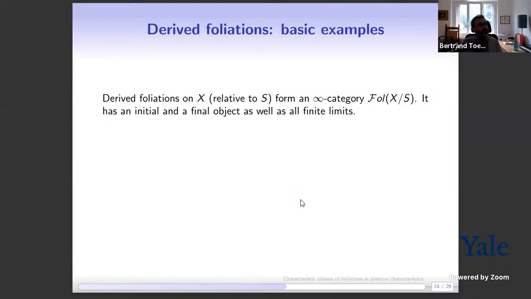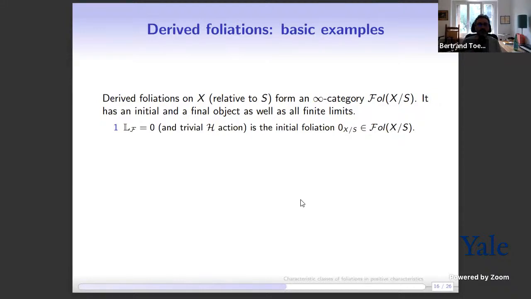Finite limits is not completely obvious. If you have two smooth foliations on a smooth variety and you want to intersect them, the leaves are going to have singularities, for instance, if you don't have transversality. So that's a way to form interesting derived foliations out of smooth foliations. Suppose you have two foliations which are not transversal, you can intersect them and get a derived foliation that way.